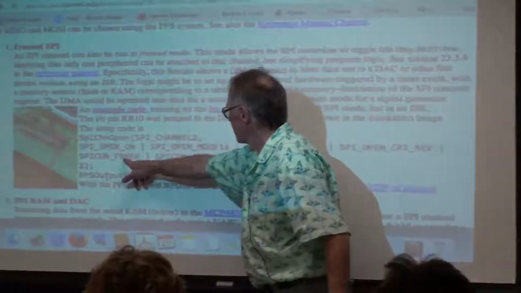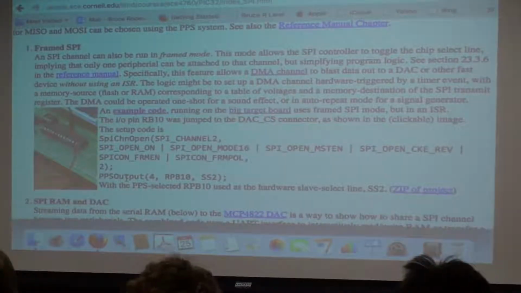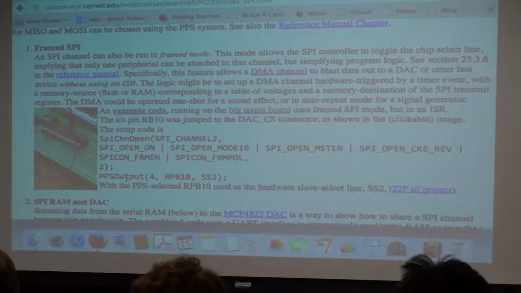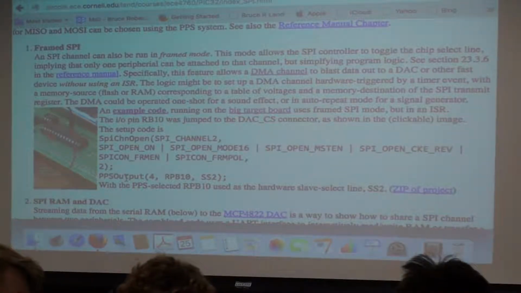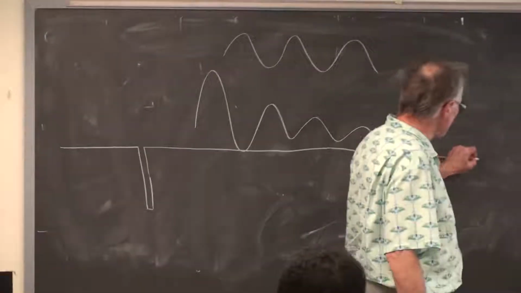We're turning on framed mode and framed polarity so that the chip select stays high and drops low for one cycle before the next SPI transaction starts.